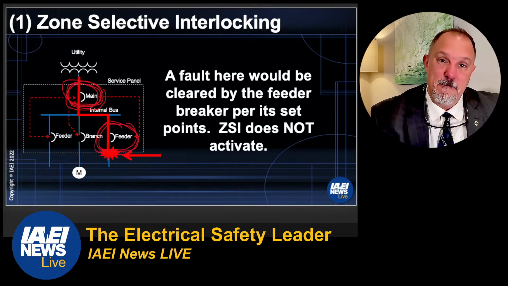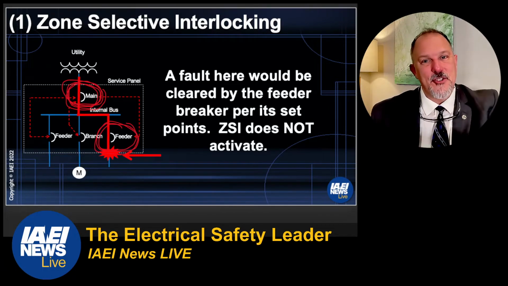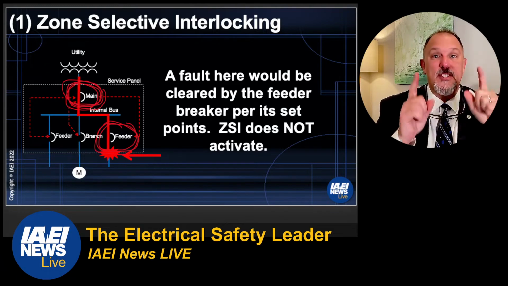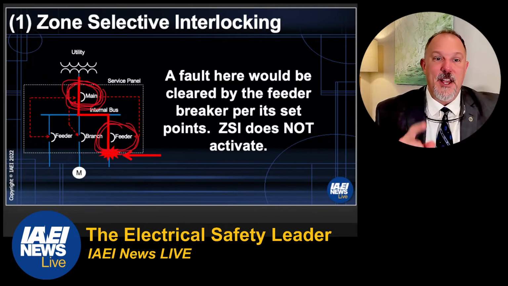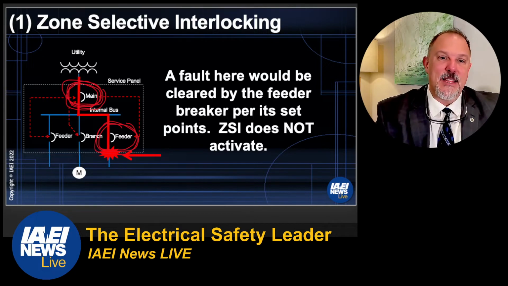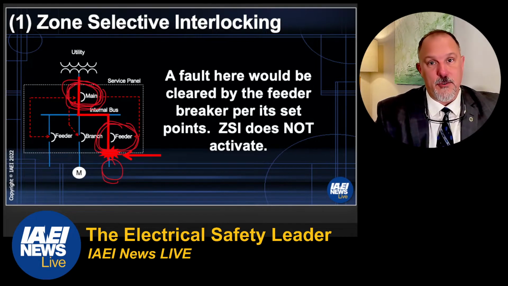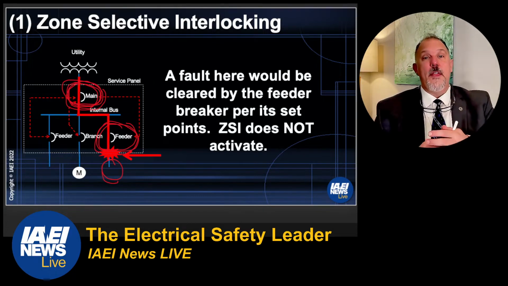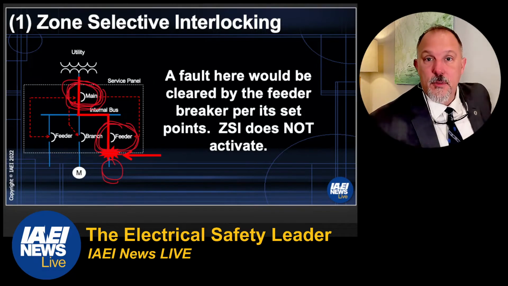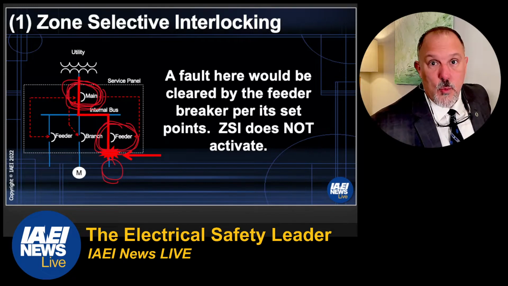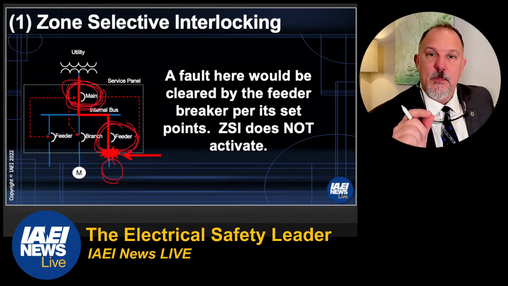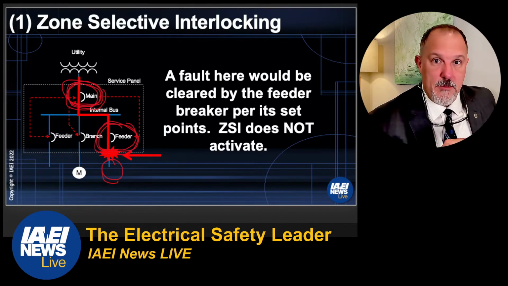So what does that mean? That means both the downstream breaker and the upstream breaker see the fault current. And what does that mean? It means that the fault is downstream of both breakers. So when that is the case, both circuit breakers will trip based upon how they were programmed.